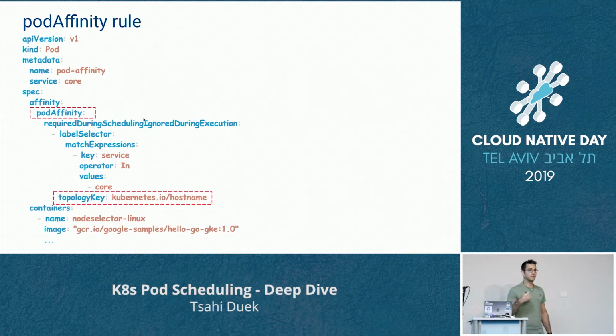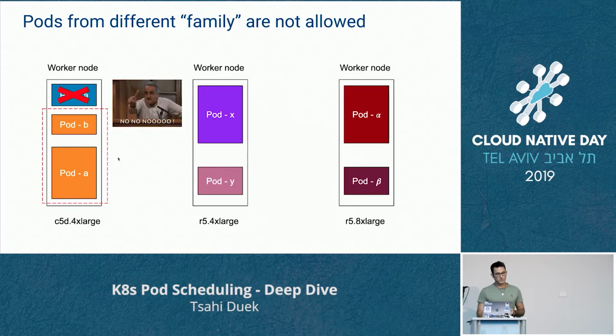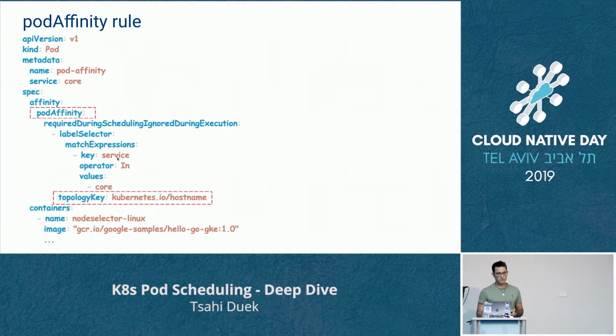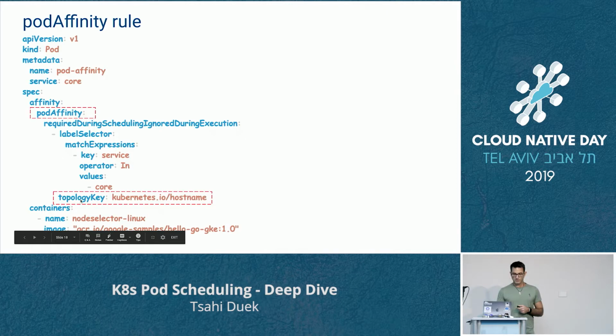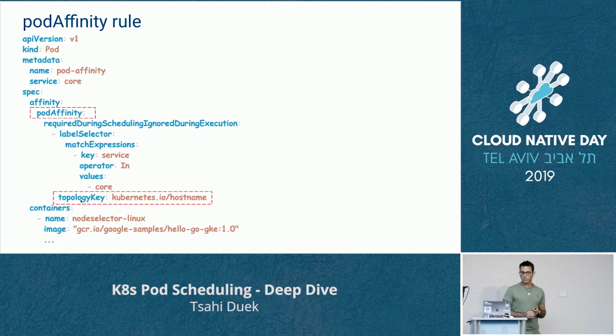So this time, again, the affinity spec, and in the affinity spec I will use the pod affinity, which is similar to the node affinity. It gives me the option to use a label on the pod itself, not on the node, a list of values, and again, an operator. But the thing to take into consideration is the topology key.